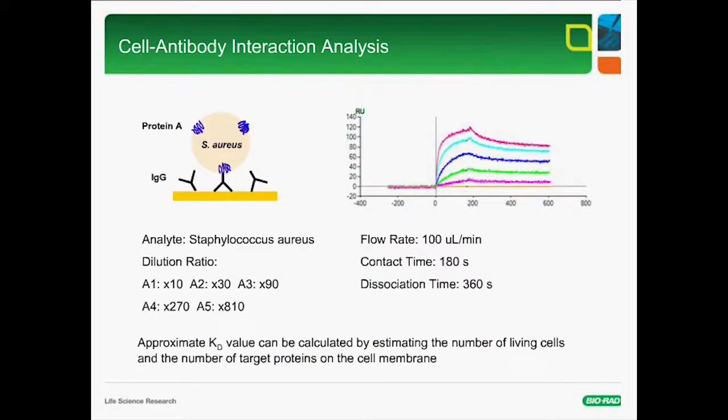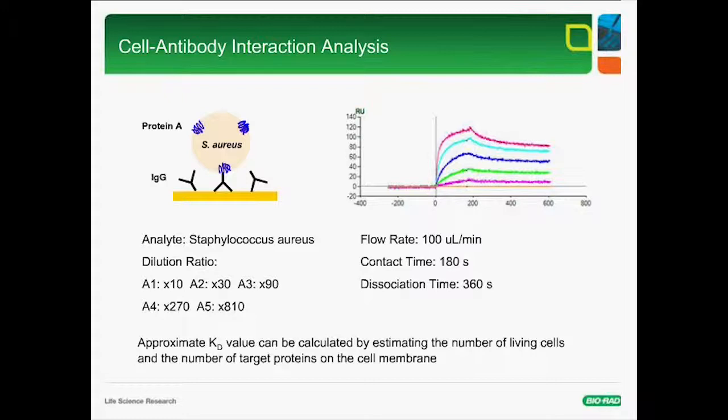This is a proof of concept of the cell-antibody interaction analysis. So in this case, we immobilized an antibody on the surface and flowed over Staphylococcus aureus cells as analytes. As we know, this bacterial cell has protein A on its surface.